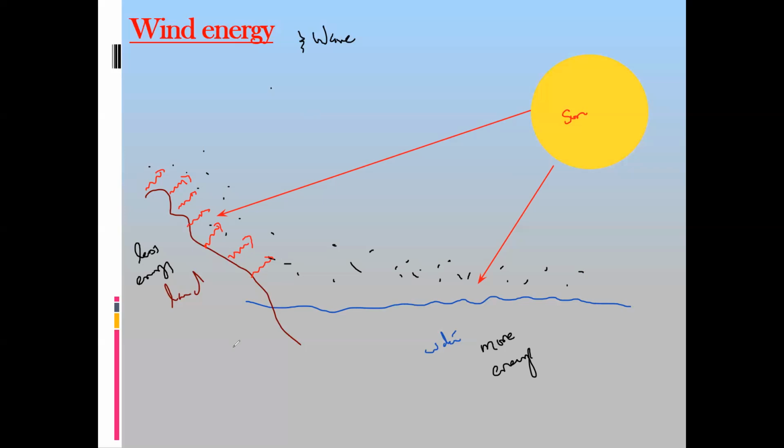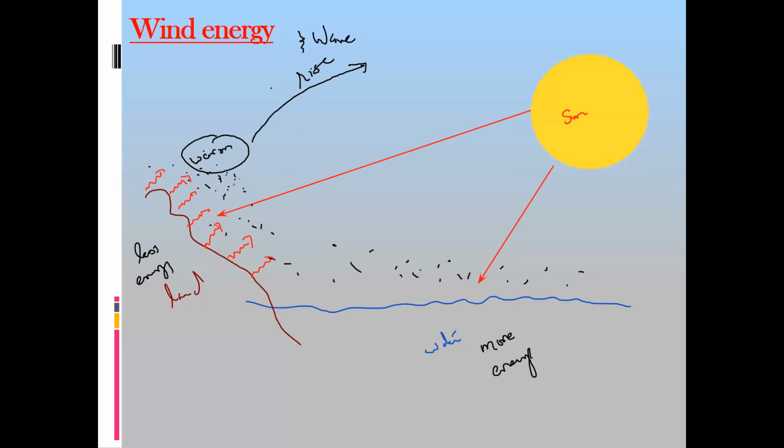As the land becomes hot quickly, it will start to release the energy to the surroundings. So when the land starts to release that energy, what happens? The air particles above the land become warm, and when these air particles become warm, they rise, they move up.